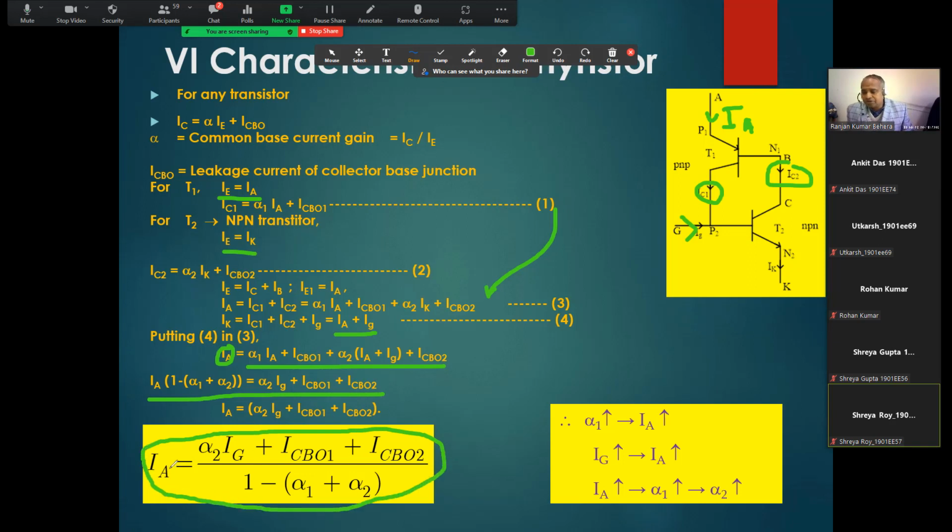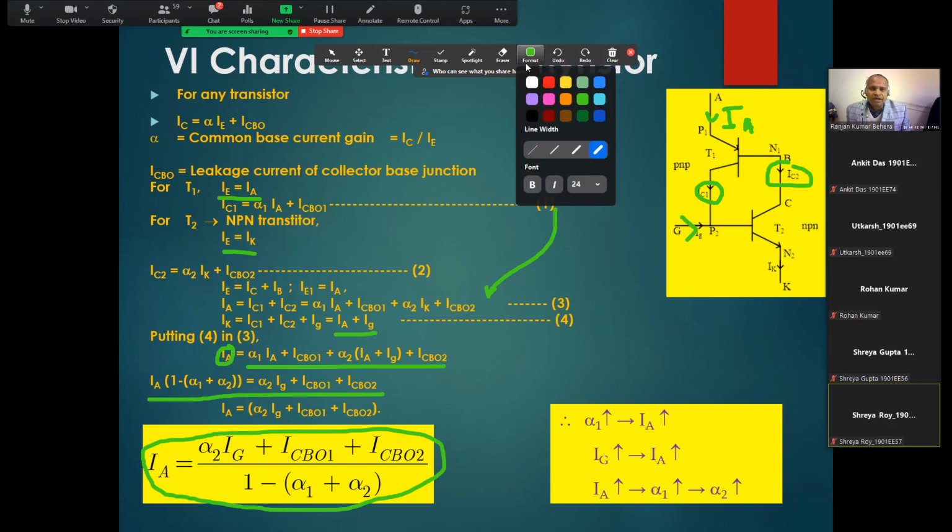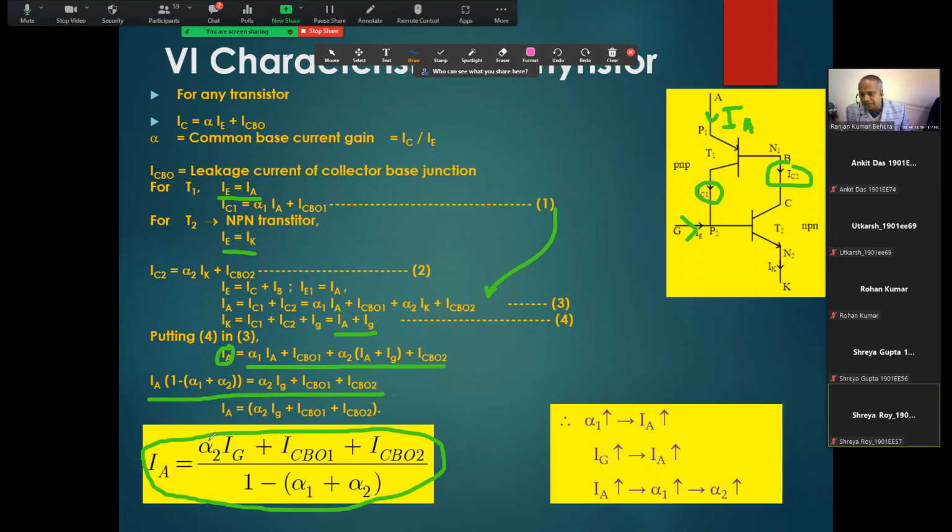So when the anode current is greater than the latching current, the device will conduct. The anode current depends on all these factors. What are the factors the anode current depends on? It depends on alpha 2.